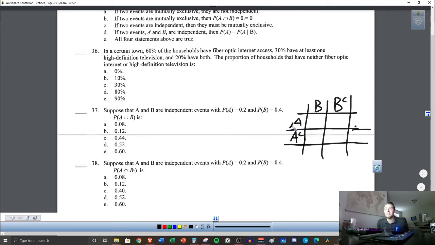Now, the thing that's different about this one is that we're dealing with decimals. So we know that the probability of A is going to be 0.2. Probability of B is going to be 0.4. That's going to go here. So we have to make sure we put these in the right spot. Remember, these probabilities are totals.